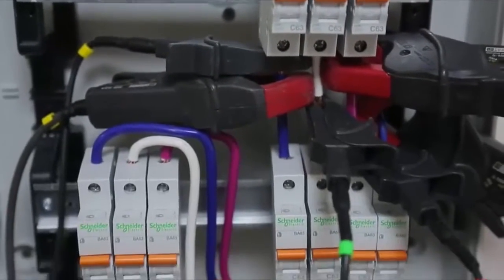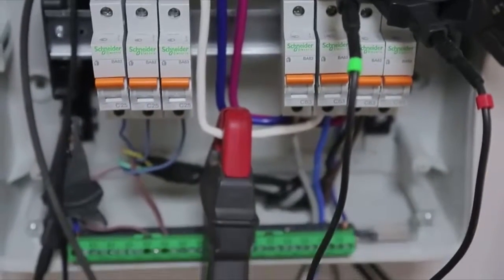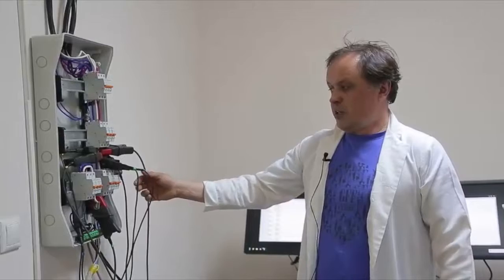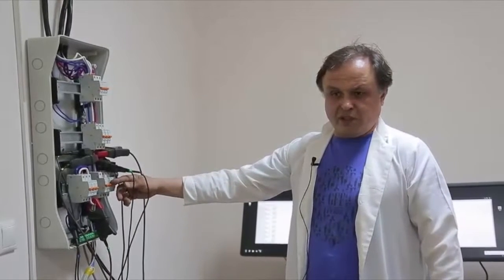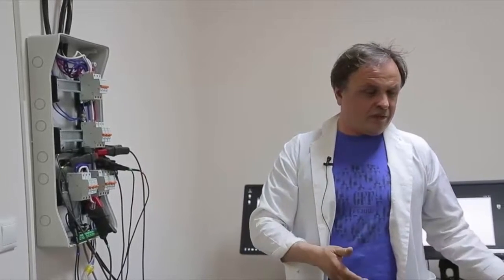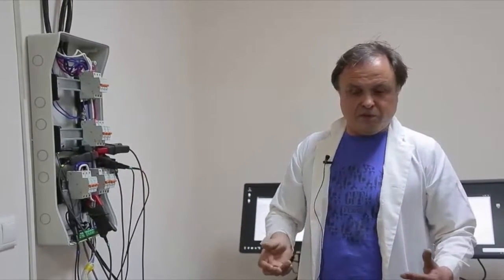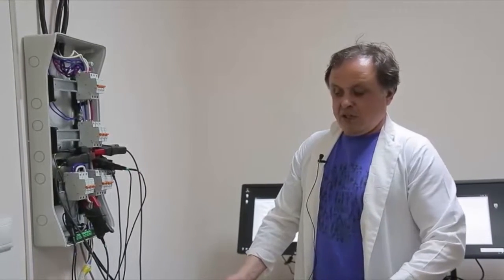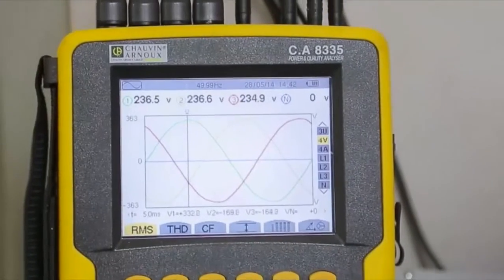As we know, in case of open circuit or short circuiting of neutral in the three-phase grid, the voltage of 220 volts will grow to 380 and by that cause failure of sensitive equipment. We will use a Chauvin-Arnoux Measuring Center CA8335 to measure quality of electric power. I'd like to demonstrate that our equipment protects servers from failure, and we will see if an open phase would cause servers to trip or not.